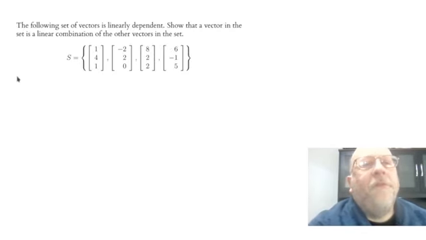Let's look at this set of vectors. I'm going to row reduce this now. 1, 4, 1, negative 2, 2, 0, 8, 2, 2, 6, negative 1, 5.